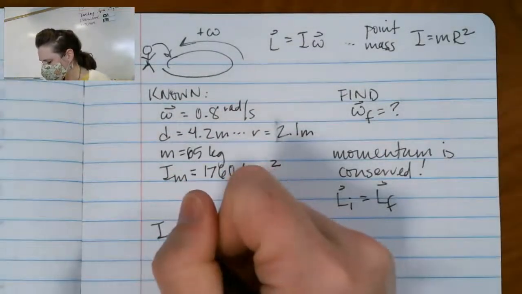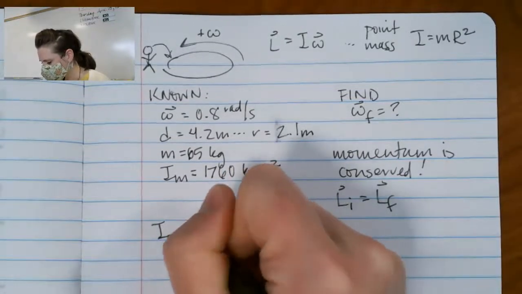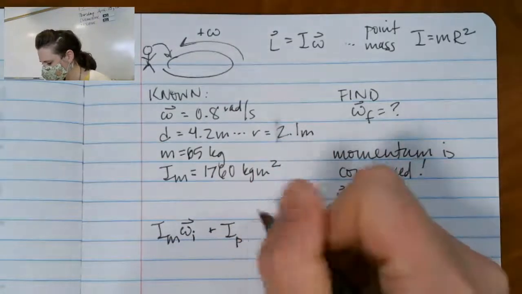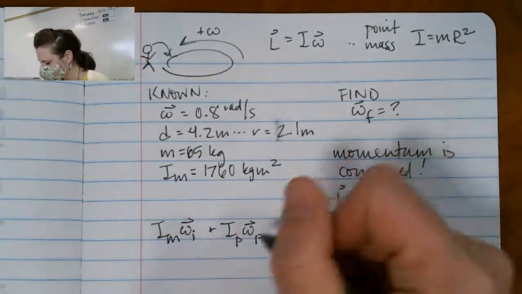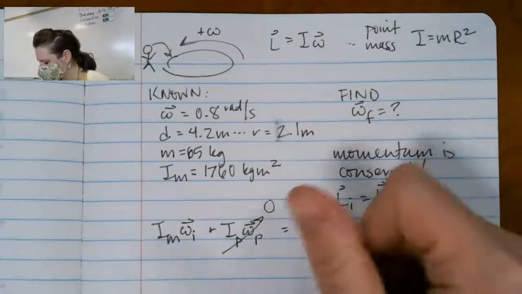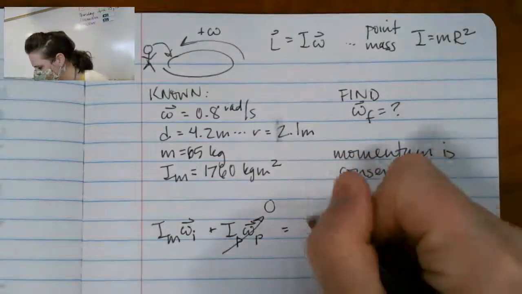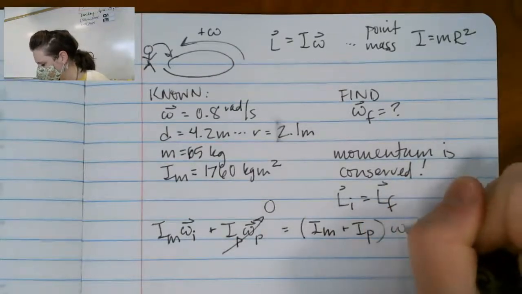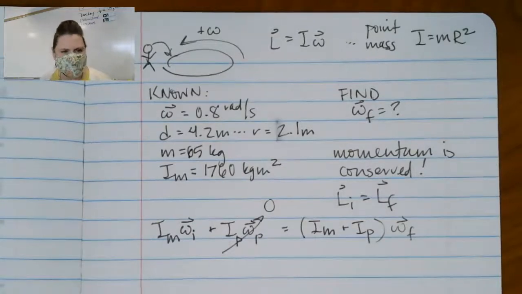We've got the moment of inertia of the merry-go-round times the initial angular velocity, plus the moment of inertia of the people times their initial angular velocity, which is 0. Afterwards, because they are now one system, it's the sum of their moments of inertia times their final angular velocity. I think my pen is dying. Okay, that's what we've got for our equation.